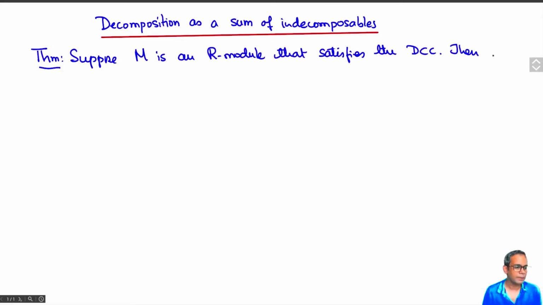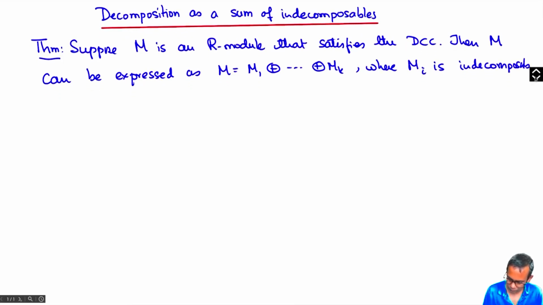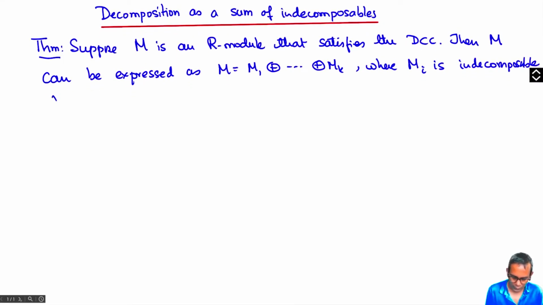Then M can be expressed as M1 plus ... plus Mk, where each Mi is indecomposable for i between 1 and k.